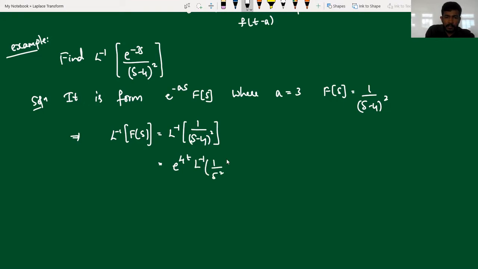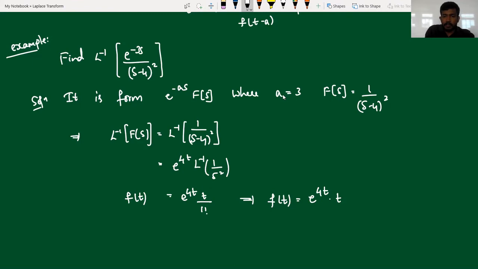The inverse transformation of 1 by s square is t to the power of 1 by 1 factorial, which implies that the function f of t is equal to e to the power of 4t into t.